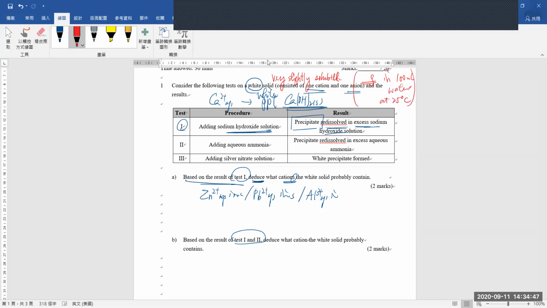So this is the very rough definition. Of course, solubility is also temperature dependent. Some substances will dissolve more at higher temperature.